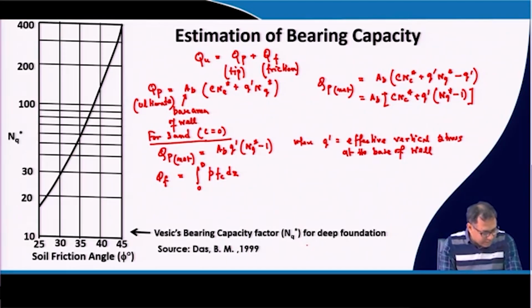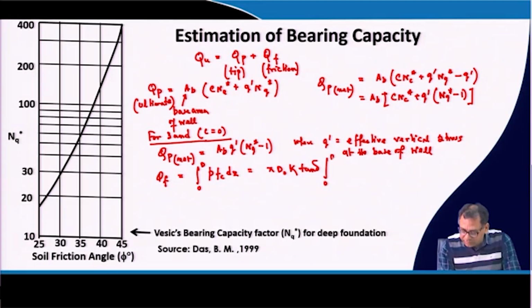Okay. So, that will be same as pi d outside, that is the perimeter, then the K, and then the tan delta, and then the vertical stress that we have to integrate, sigma v dash dz, the same way that we did it for the pile foundation. Okay. So, now we can put the value and finally, we will get.